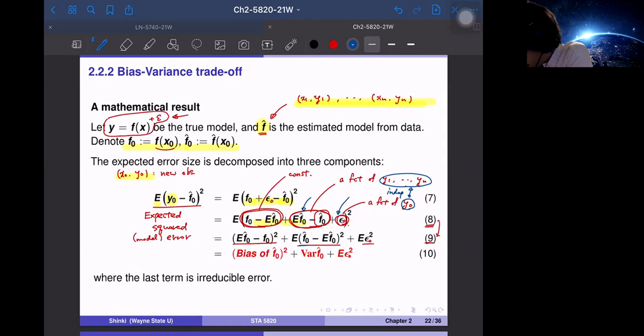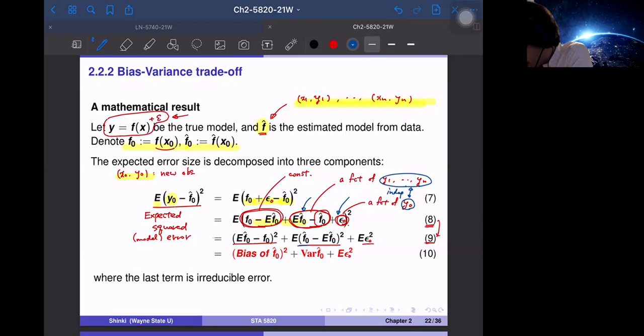So we can say the expected squared error is decomposed into 3 parts. The last term is the so-called irreducible error, and the sum of the first 2 terms is the reducible error. The first one is called the squared bias of f hat, because this is the truth and this is the expected estimated quantity.